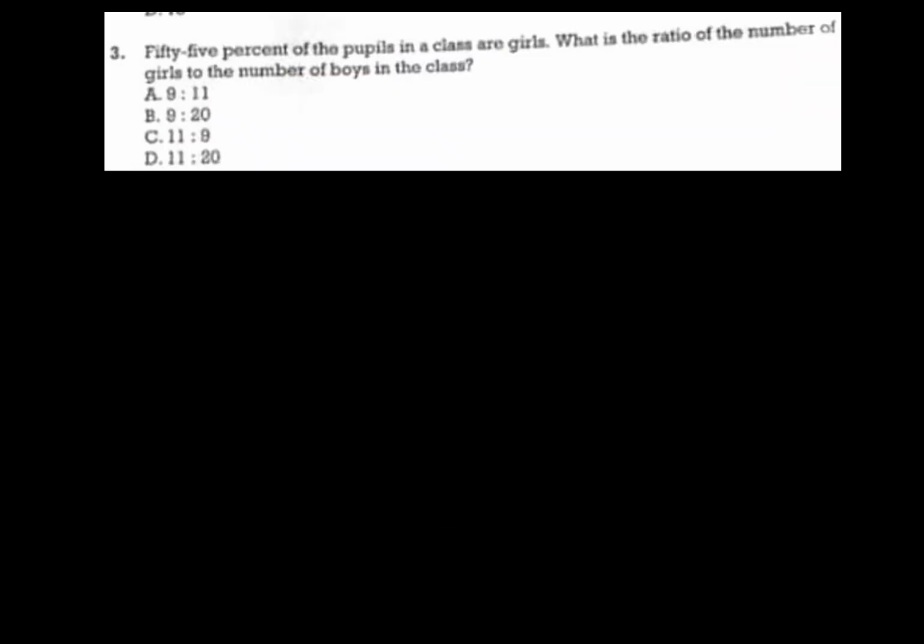Let's look at the third question, which states that 55% of the pupils in the class are girls. What is the ratio of the number of girls to the number of boys in the class? So with this question, we are dealing with percentage, and the total percent is always equal to 100%.